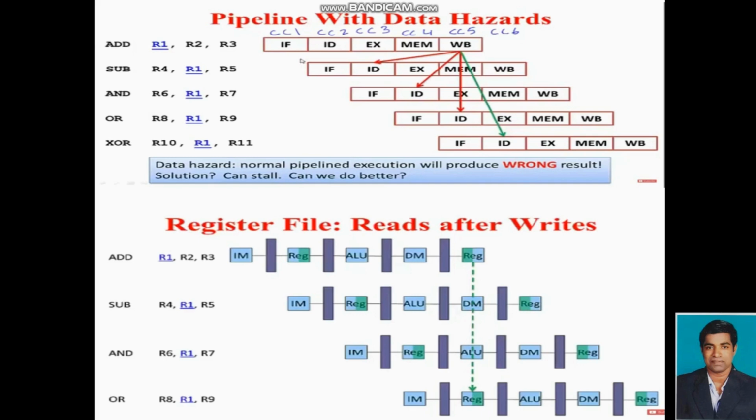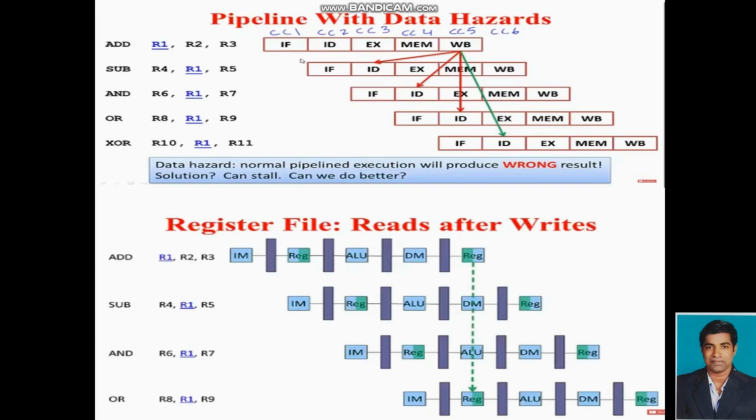Here we have dependency with the first instruction, but in CC5, the entire clock cycle, in the first half we complete the addition operation and pass the resultant data to the fourth instruction in the second half of clock cycle 5. That will be clearly shaded here.